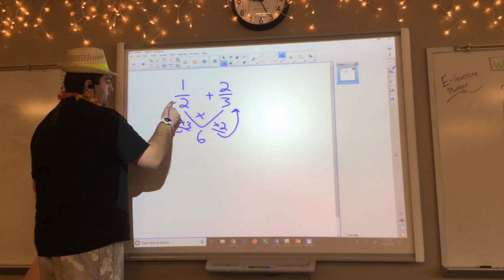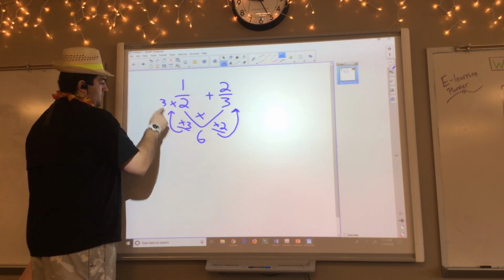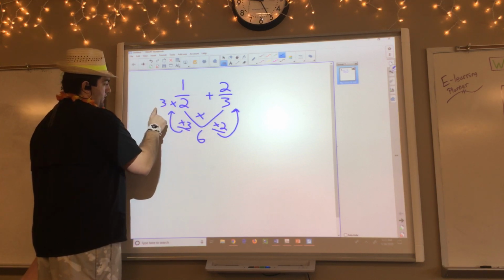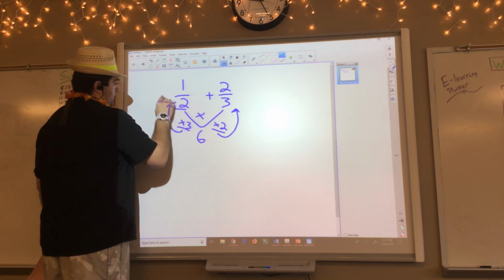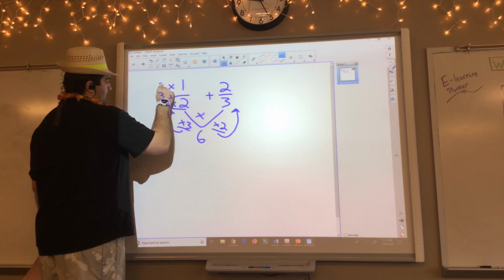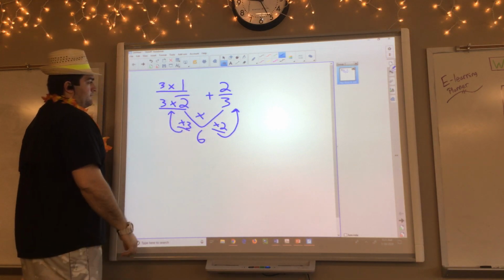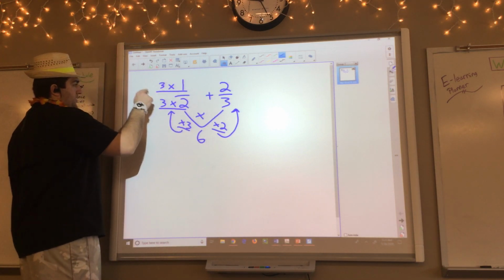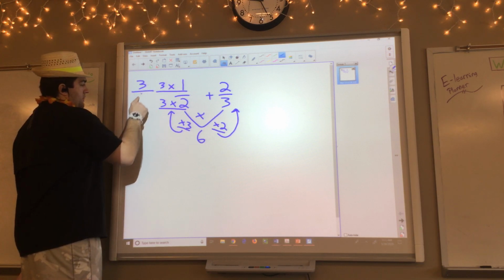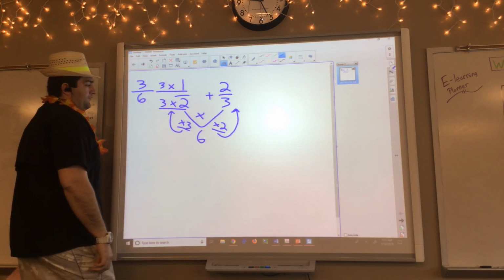All right, so you got 3 times 2. Whatever you do to the bottom, do to the top. Okay, so now your new fraction is 3 over 6.